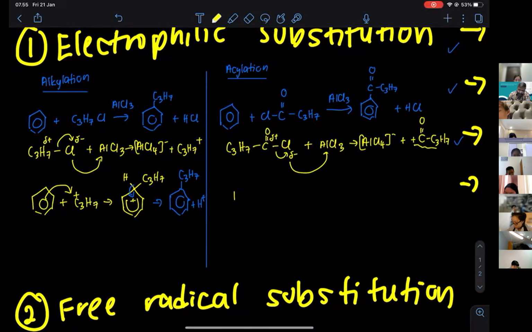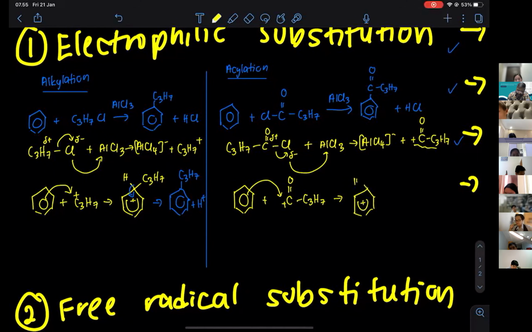So you will have the benzene, and then you will have the electrophile, and then this one will come over here. You will have H and C double bond O C3H7, and this is not stable.